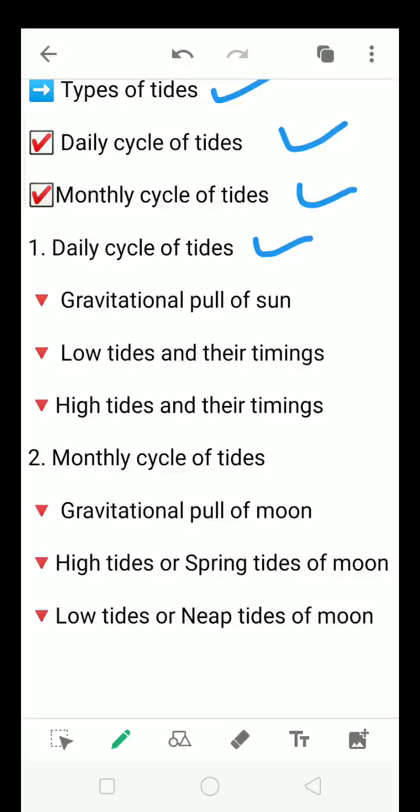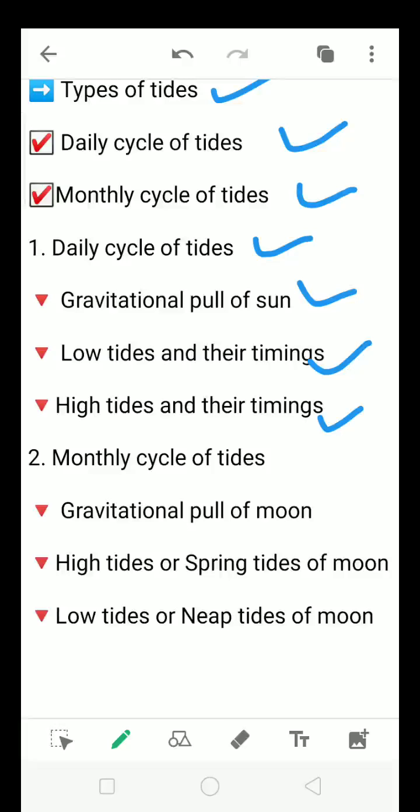Daily cycle of tides occurs because of the gravitational pull of the sun. Two high and two low tides occur in 24 hours on any part of the Earth's surface. For example, at sunrise about 6 am and at sunset about 6 pm, low tides occur. At noon and at midnight, the high tides occur.